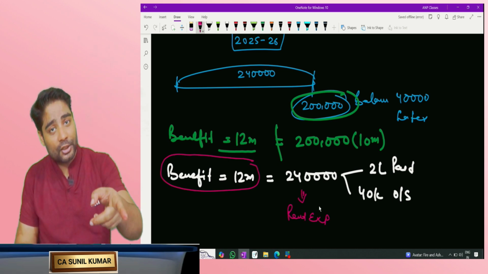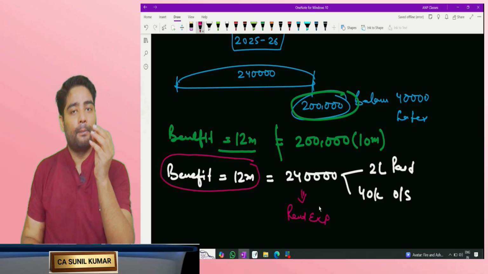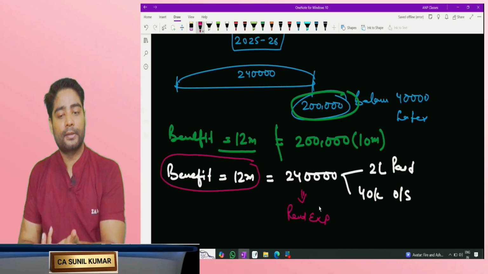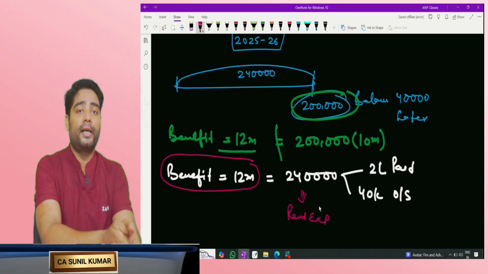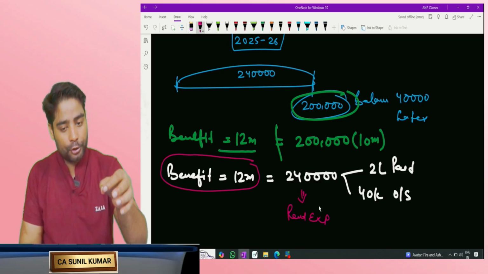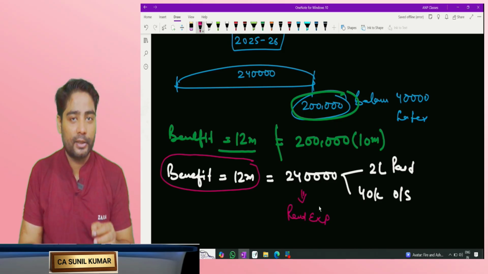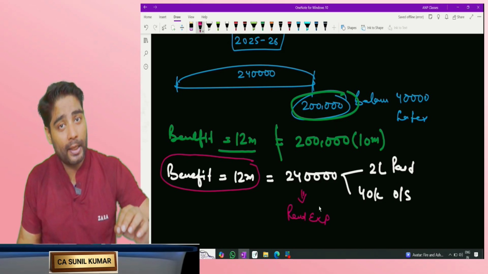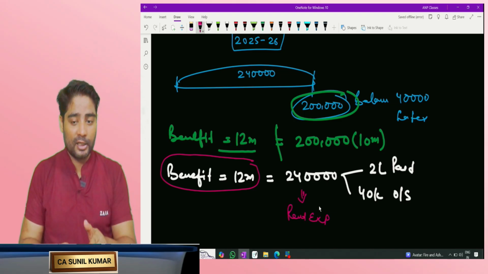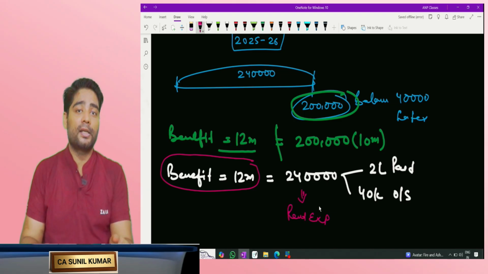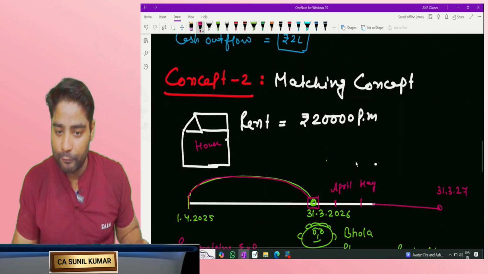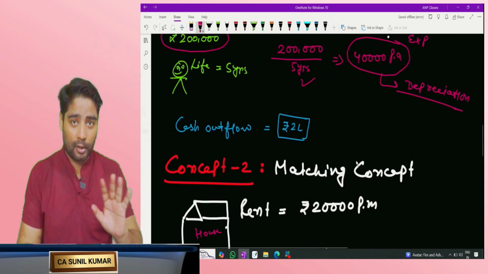So you should match the benefit taken from an expense or an asset to the amount of that asset or expense, and should recognize that amount in that particular year. It doesn't matter whether you pay or not pay. It doesn't matter if you paid in advance. It doesn't matter if the amount is still pending. Okay. So have you got the whole concept of the matching concept?